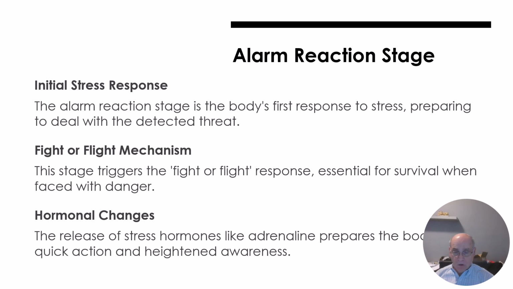So we know that the alarm reaction is the body's first response to stress, and the stress triggers the fight or flight response. That's when the body has to make a decision about what it's going to do. Certainly we can relate to that when something has to be done. It needs the energy to do what it's supposed to do, which is not talked about so much.